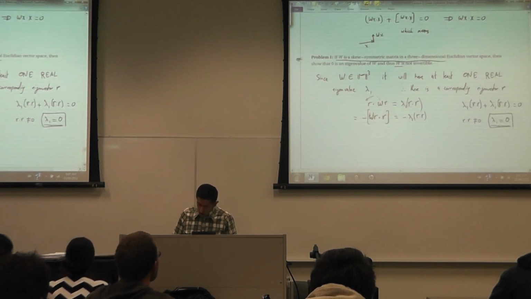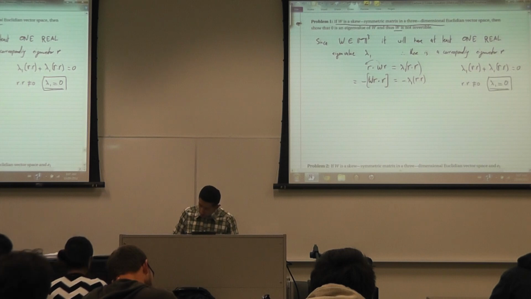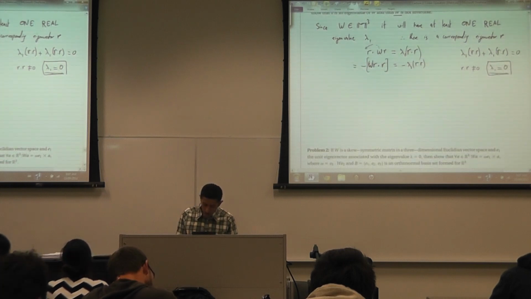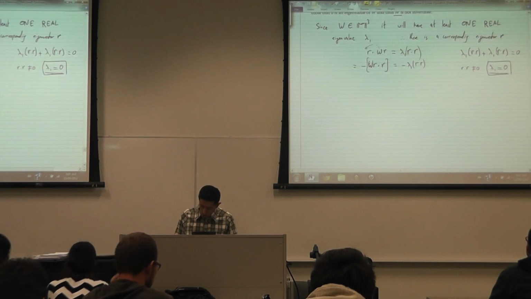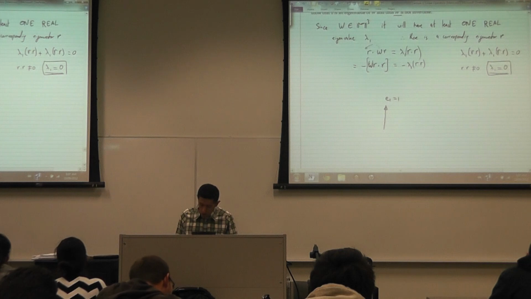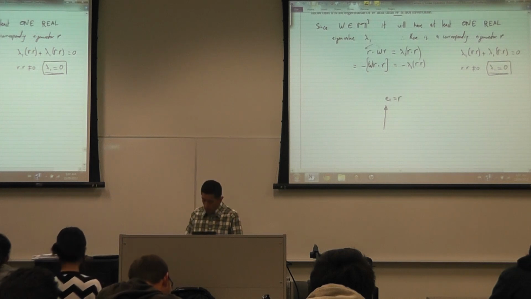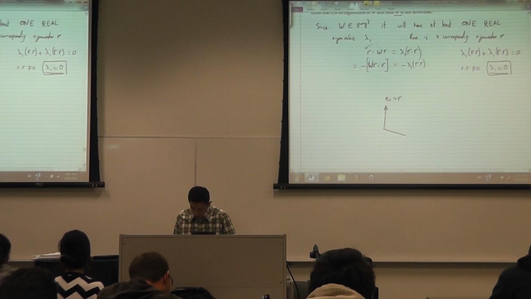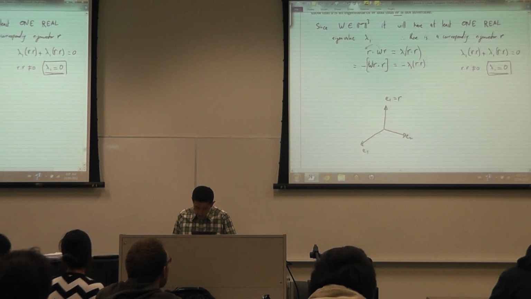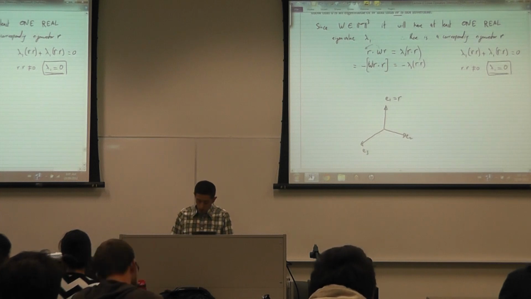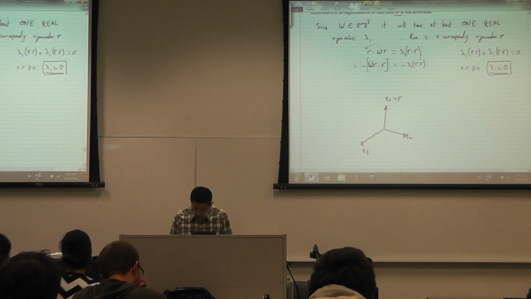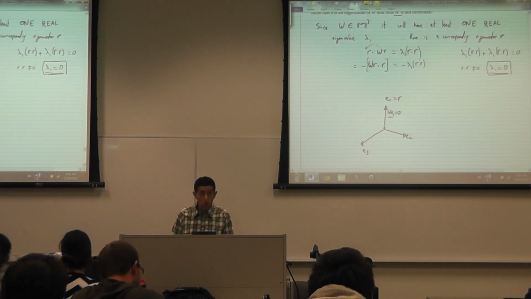So now, if I work in this coordinate system made out of this eigenvector, I'm going to call this E1 equal to R, and then I'm going to take any vector here, I'm going to call it E2. I'm going to take any vector here, I'm going to call it E3. What we know so far is that W E1 is equal to 0. So if I multiply W by E1, I get 0.